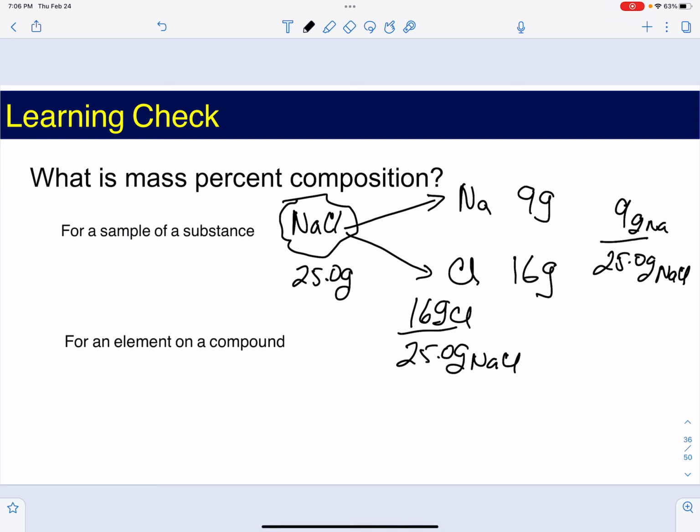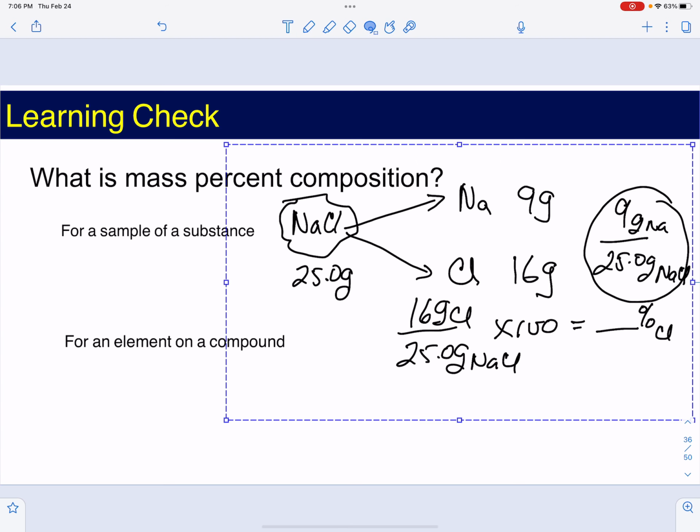Once I do that division and I multiply by 100, that's gonna give me the percent mass of chlorine in NaCl, and the same thing will apply to the sodium. So that's how we do percentage for a substance.